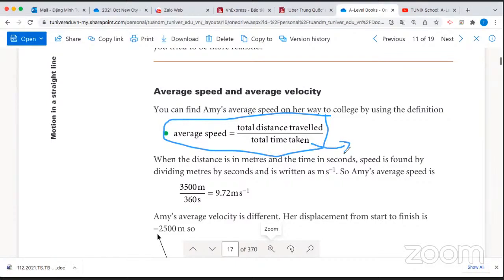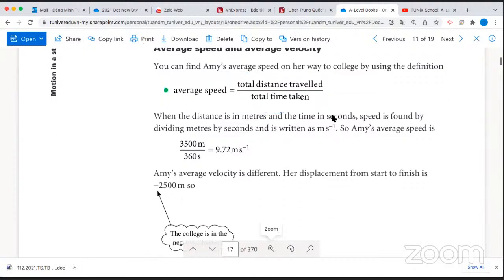Average speed is only a magnitude, so it involves distance.